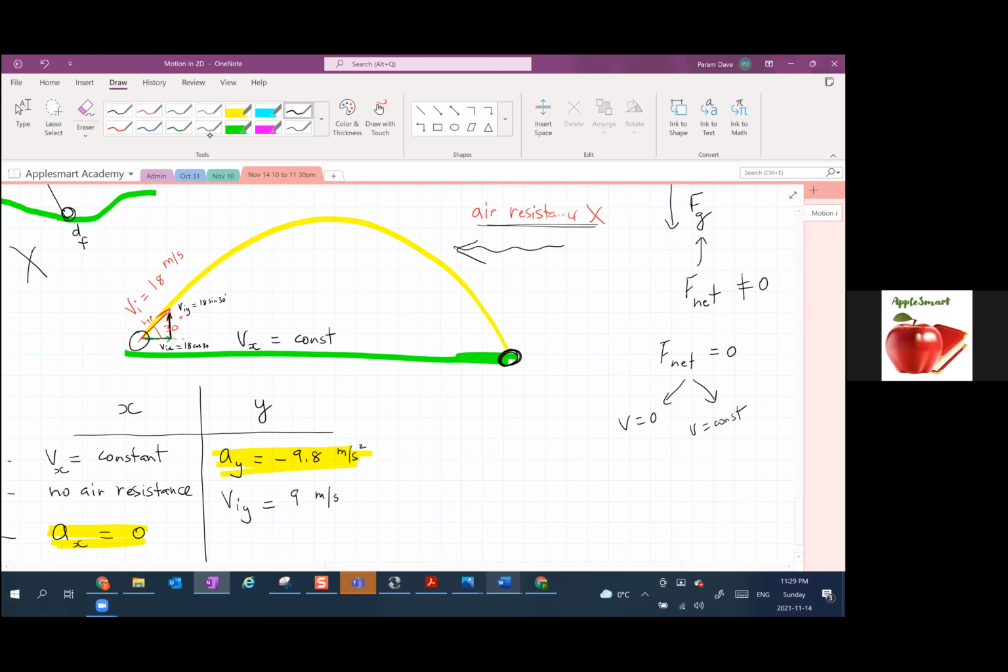Remember that the x and y motions happen simultaneously. They start together and they end together. So the time in which the object moves from A to B horizontally is the time in which it goes up and comes back down. Both those times are equal.